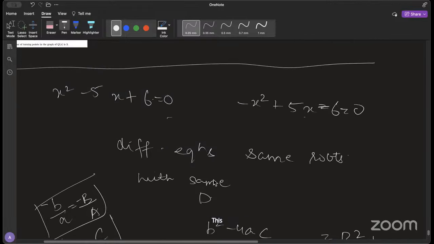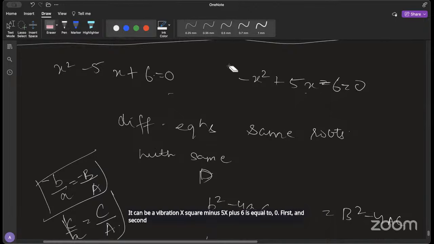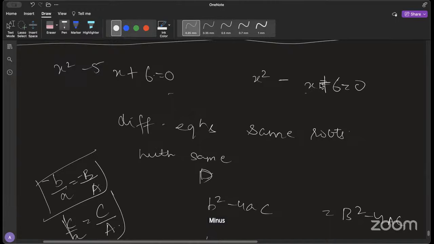This in itself is a statement that different equations with the same discriminant cannot have the same roots. Or you can say that it can be an equation x square minus 5x plus 6 equal to 0 first, and second can be x square minus x plus 6 equal to 0.